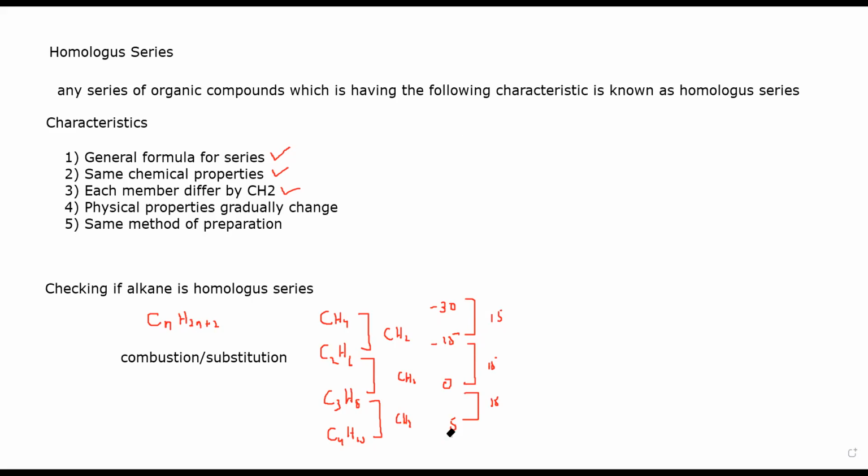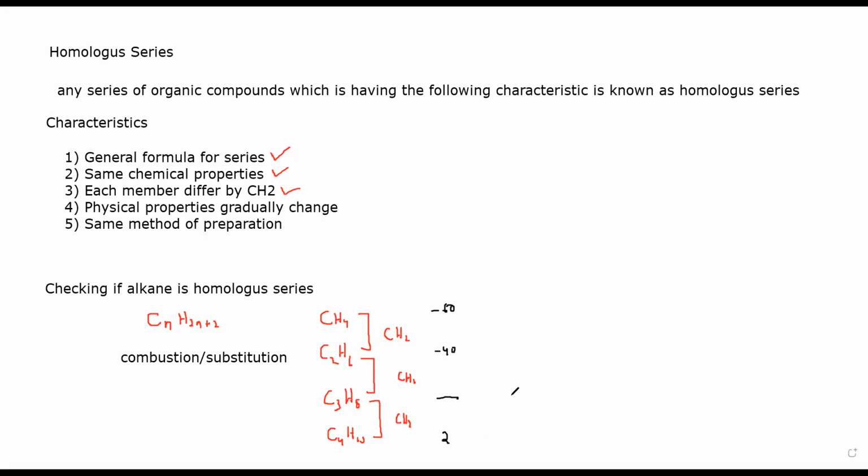Sometimes you have to predict the boiling point. The first member has a boiling point of say minus 60. The second member is minus 40. The third member we don't know, and the fourth member is about 2. What could be the boiling point of the third member of this series?